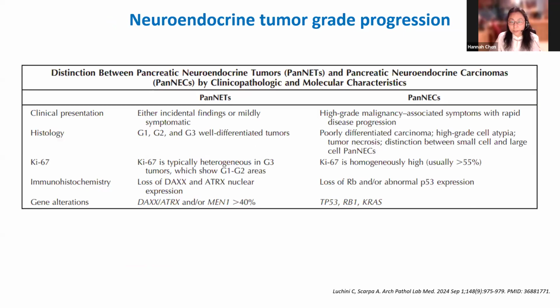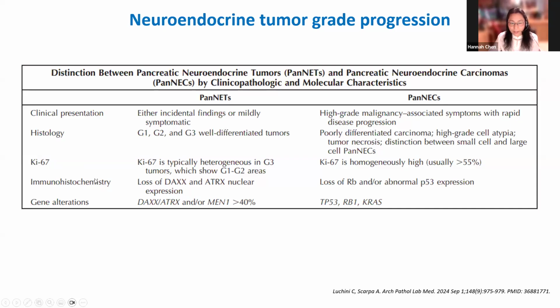This paper published last year in Archives basically talks about pancreatic neuroendocrine tumor and pancreatic neuroendocrine carcinoma being two distinct entities. Here it lists a lot of the differences, including clinical presentation, histology, Ki67, and also immunohistochemistry.